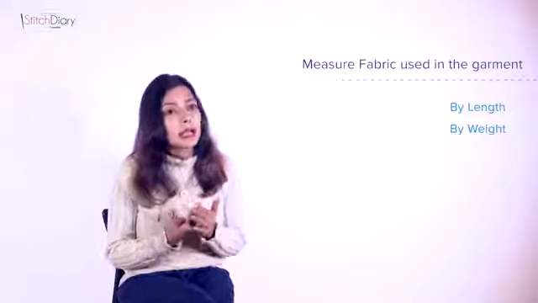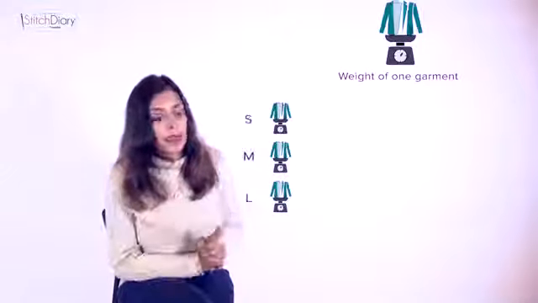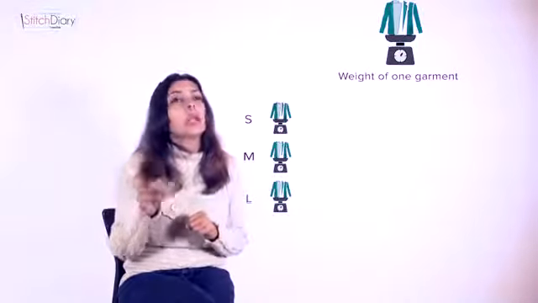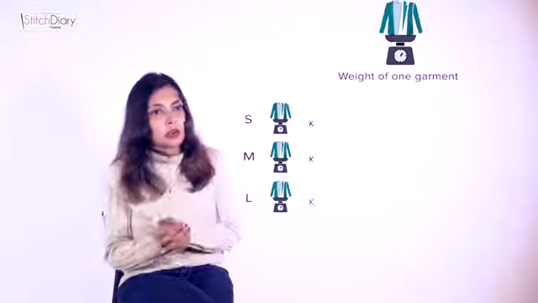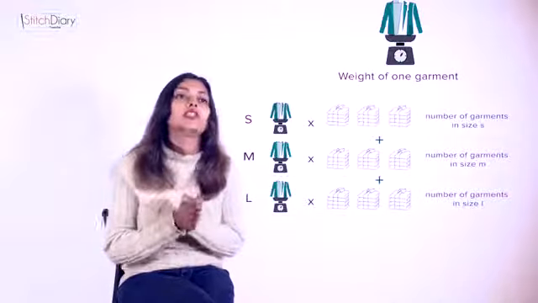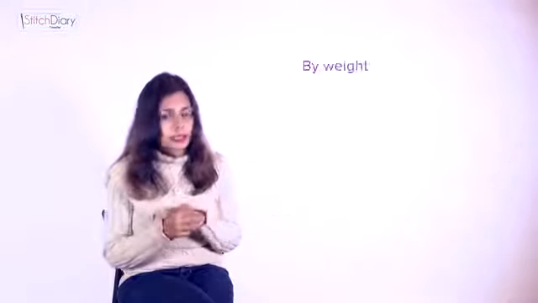While calculating by weight, what we basically need to do is measure one piece of each size before it is sent to sewing so that its weight doesn't change. Then its weight needs to be multiplied by total pieces cut in the order to arrive at the total weight of the fabric that has been used in the garment. Let's continue with the previous example to understand this.